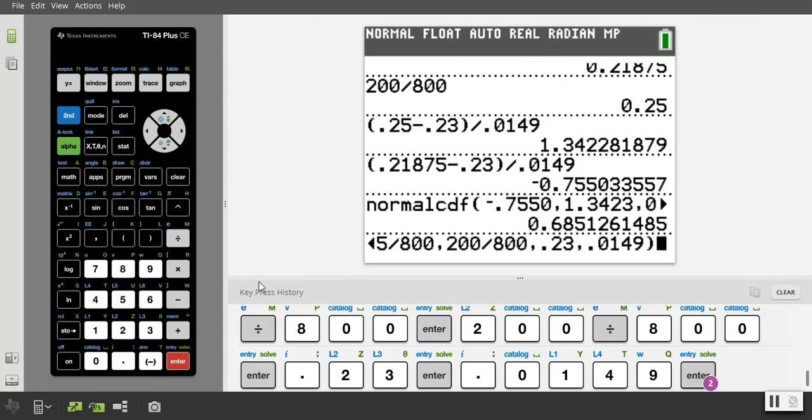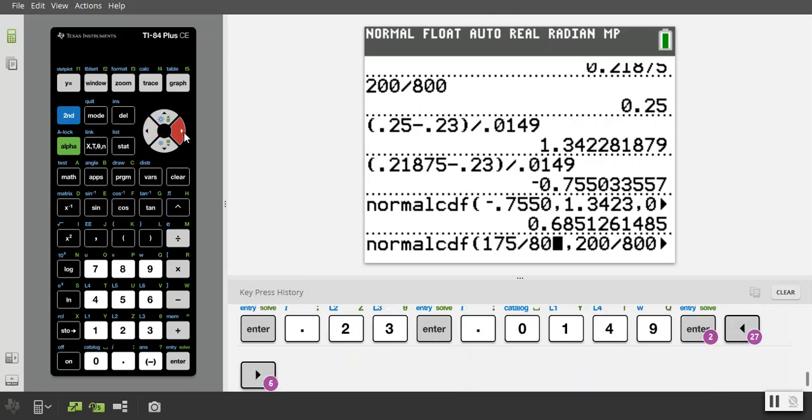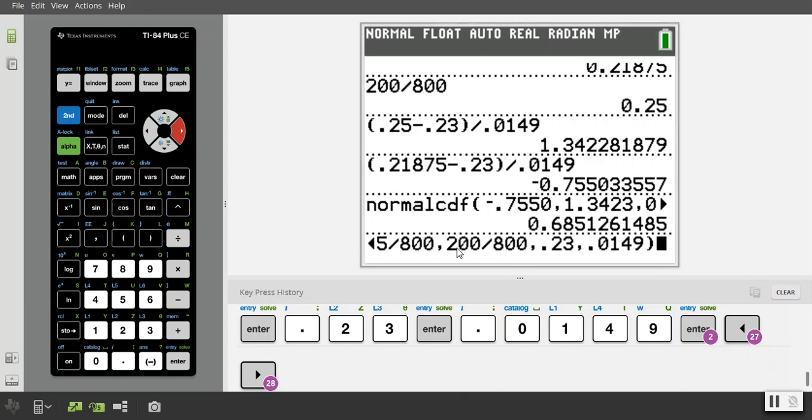If you scroll to the left, you'll see the whole list: lower, upper, the mean is 0.23, and the standard deviation is 0.0149. So hypothetically, you just need to calculate the standard deviation, and that's really it. And don't forget to divide the measurements by 800 because you want it in percentage.